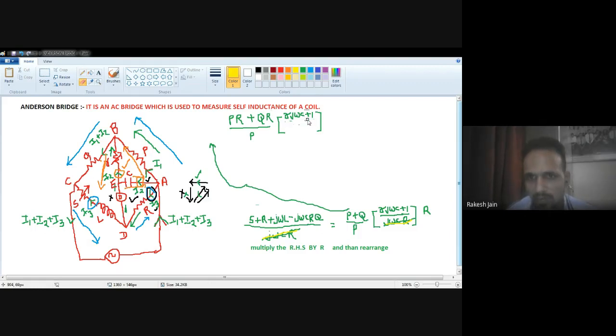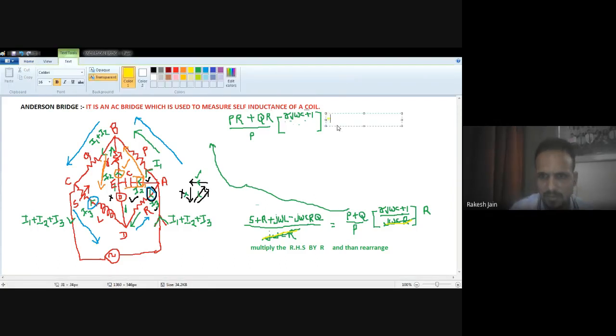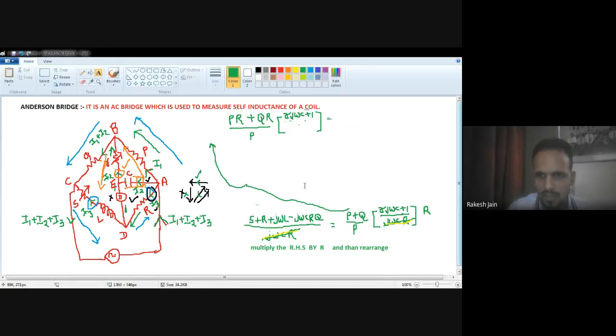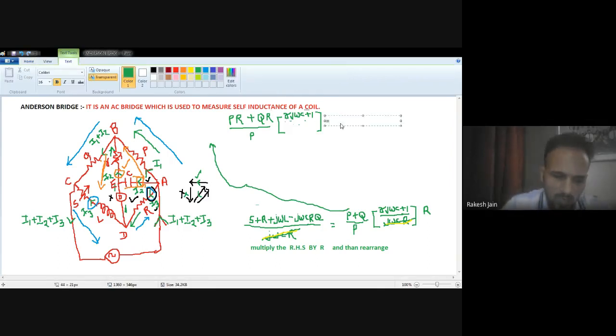Similarly, what will it be at the right hand side? At the other side, only S will be remaining.